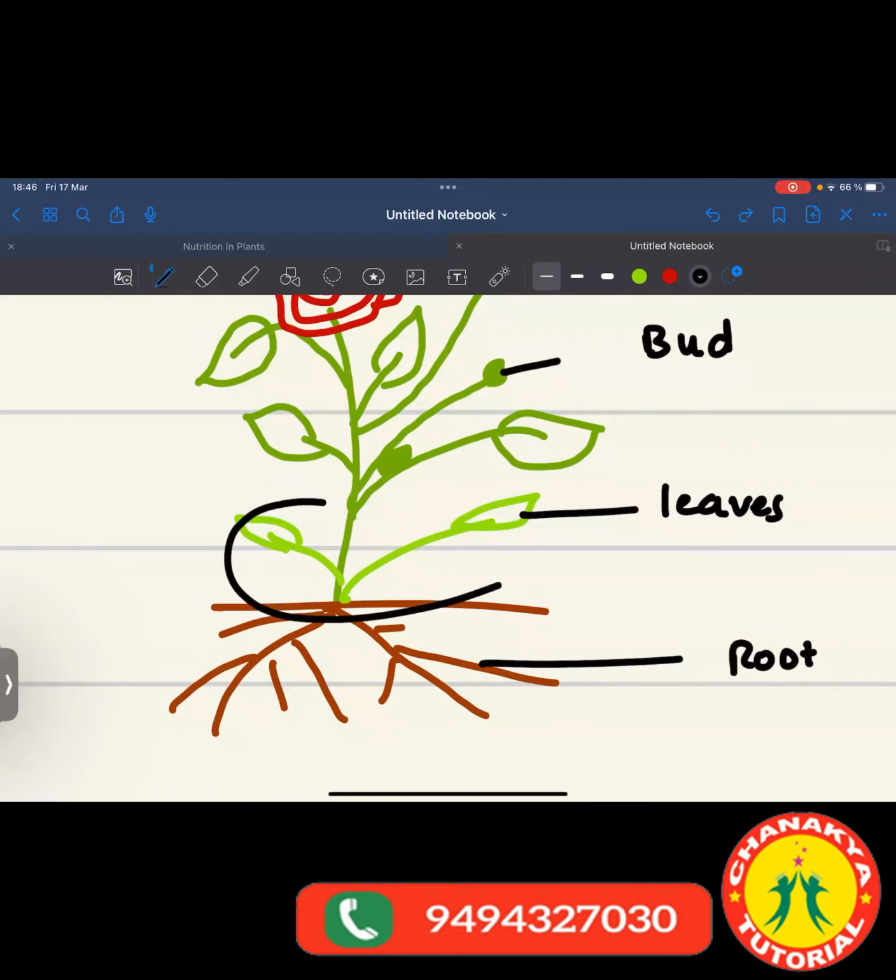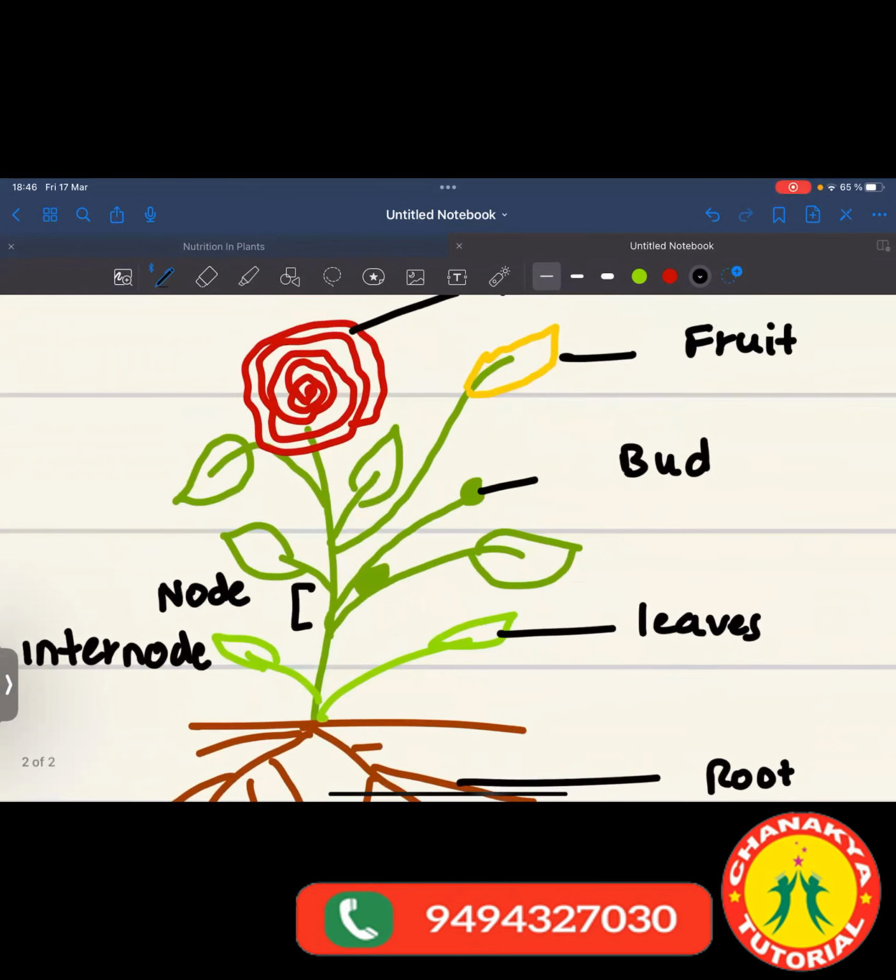Between the starting point and the ending point of the plant, the portion in between is known as the stem. It's called node or internode. Yes, this portion is the stem.